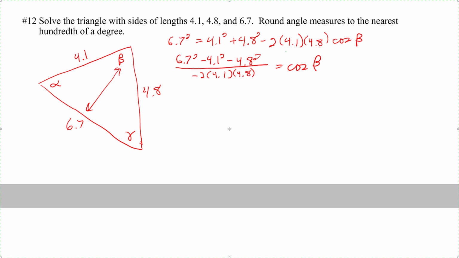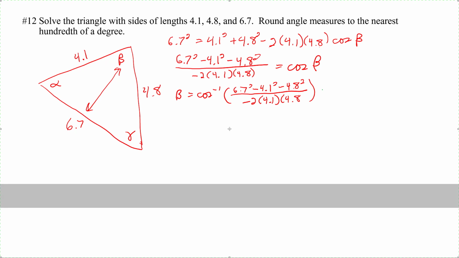So now we're going to solve for beta by taking the cosine inverse of 6.7 squared minus 4.1 squared minus 4.8 squared all over negative 2 times 4.1 times 4.8.